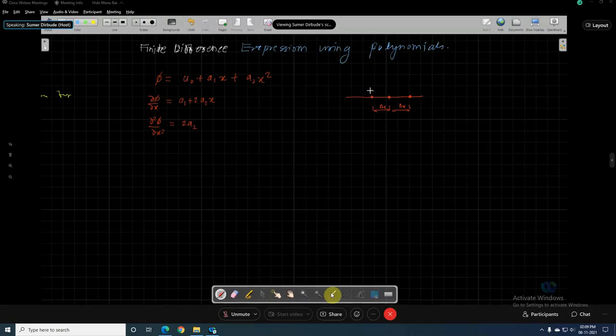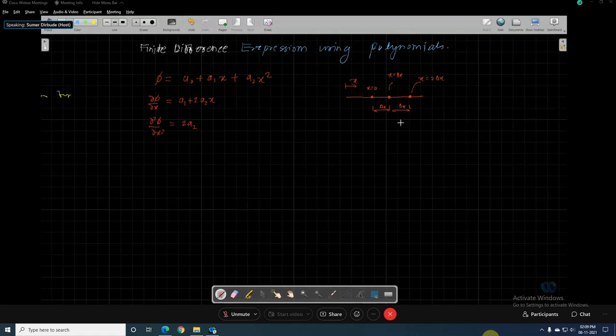So this is x equals 0, the second is x equals delta x, and the third one is x equals twice delta x. Okay.